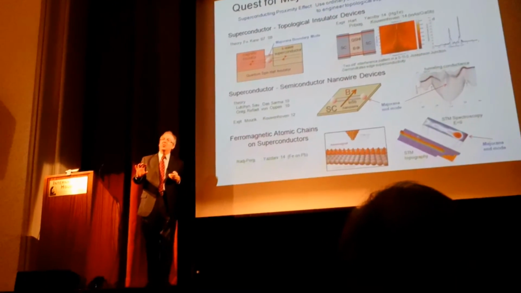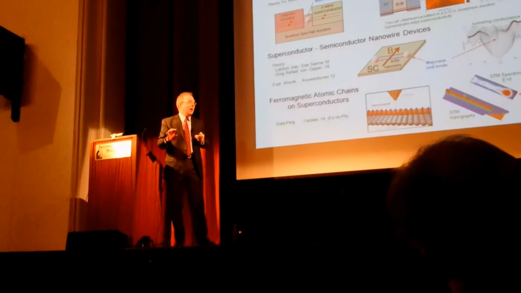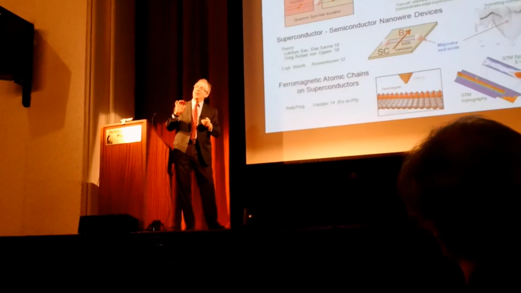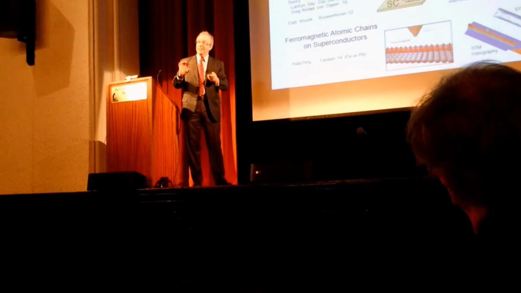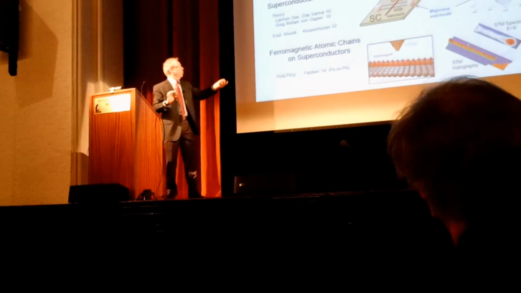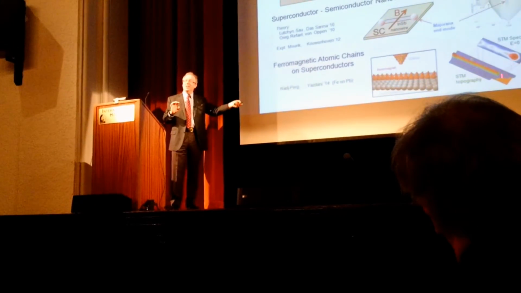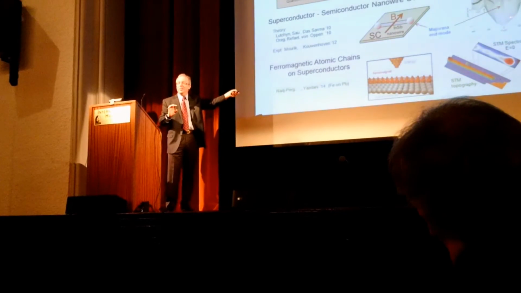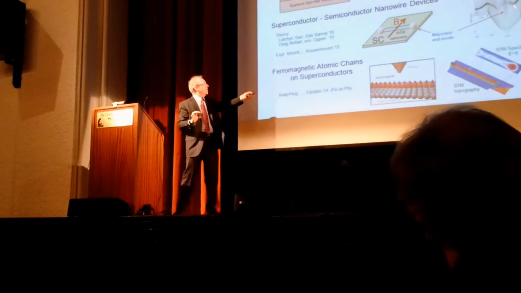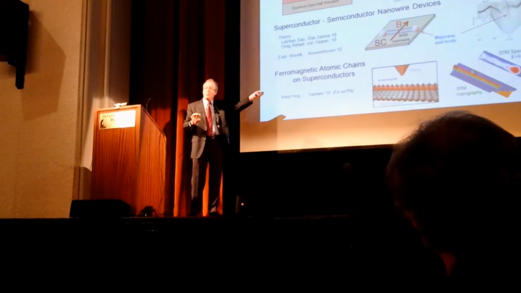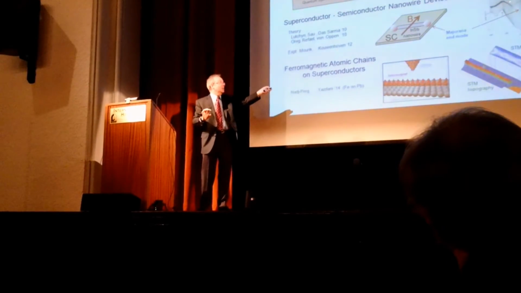Now, the challenge for these experiments, and why I don't think we're completely in a position to declare victory yet, is to rule out all the less interesting reasons why you might see this bump in the data. Now, I kind of think that this is probably right. I think they probably are seeing this Majorana state.